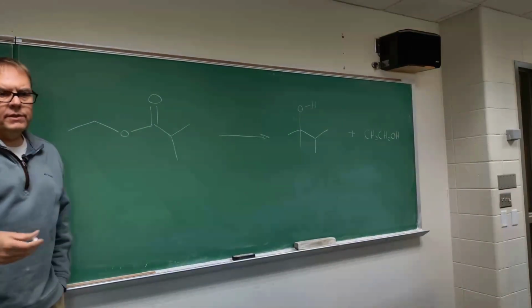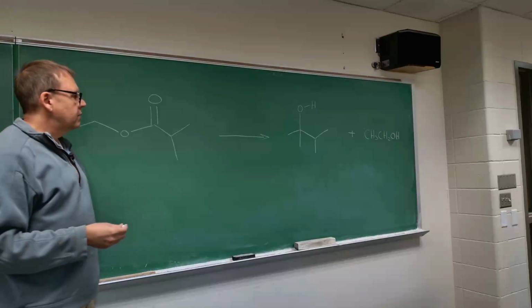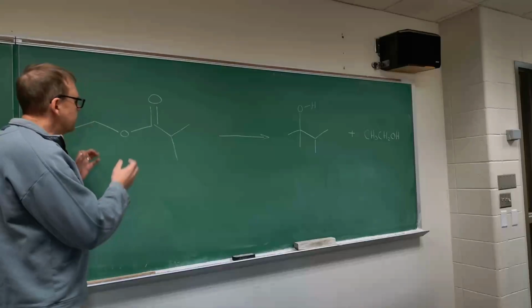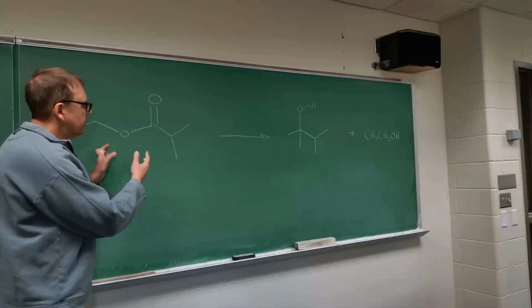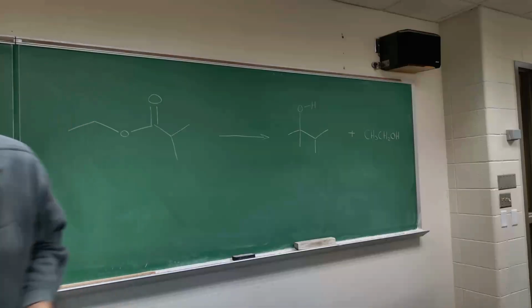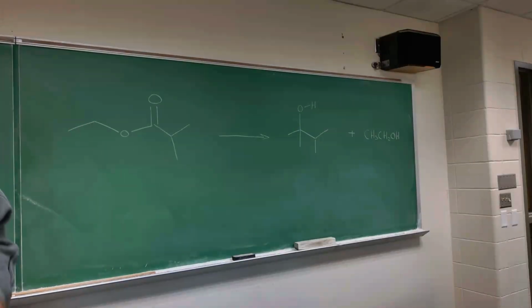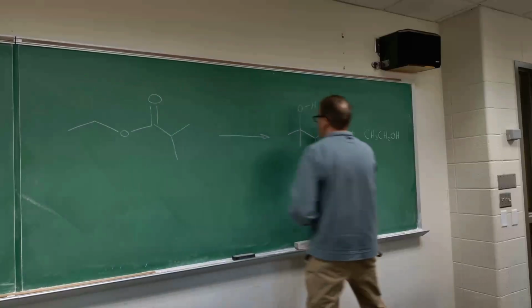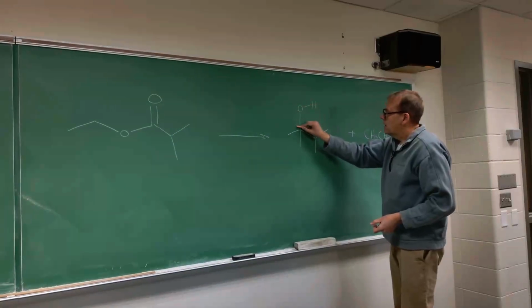What I like to do with these things, if I'm trying to figure out what's going on in a reaction, is see what is different and see what is the same. If you can find parts of the starting material in the product, that's helpful, because then you know what you need to bring in that's not there to start with. So I'm going to highlight a portion of the molecule.